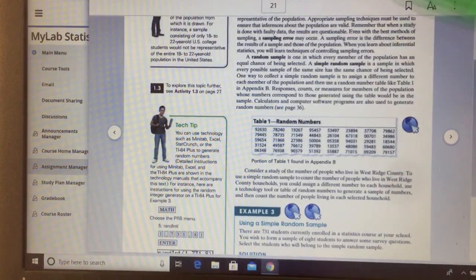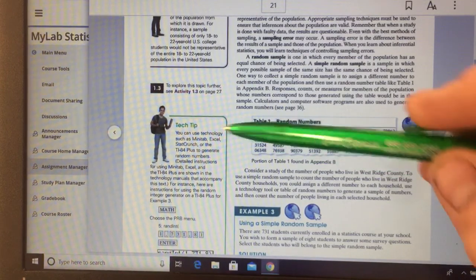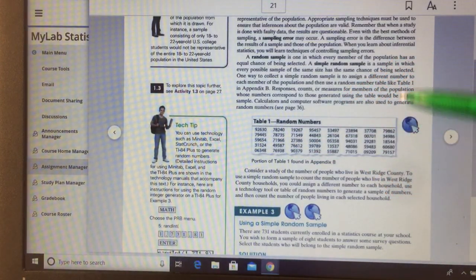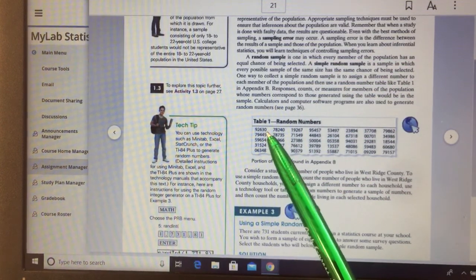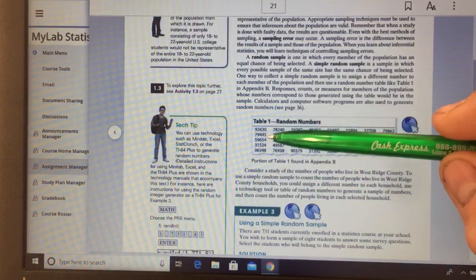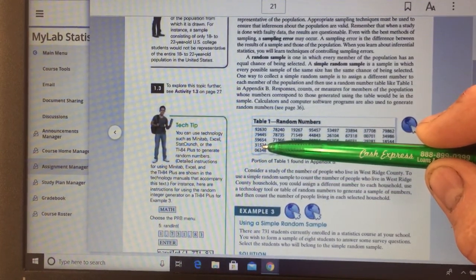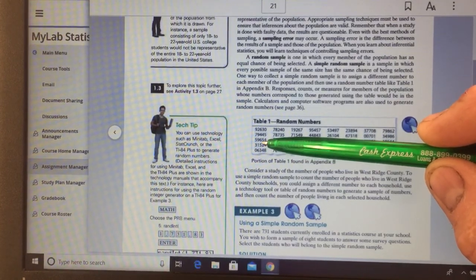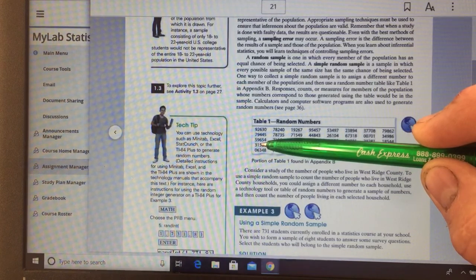All right, but then you can start, let's just say we're going to start here on this 4th row. Now look here, these are rows going sideways and these are columns going down. So if I start on this 4th row right here, okay, then my first, since I only have 50 people, I would need to split these up in 2s. So like my first one would be 31. See that?